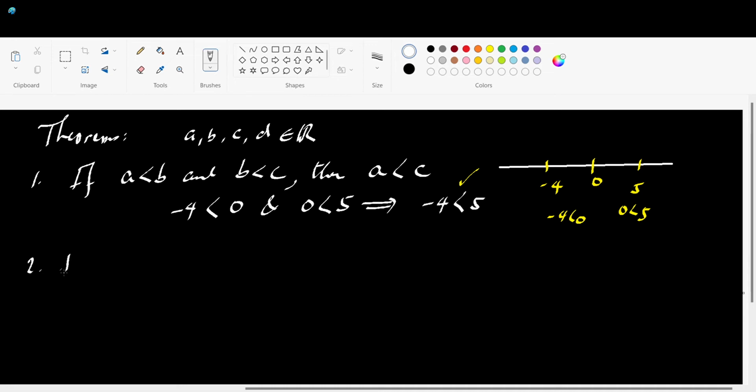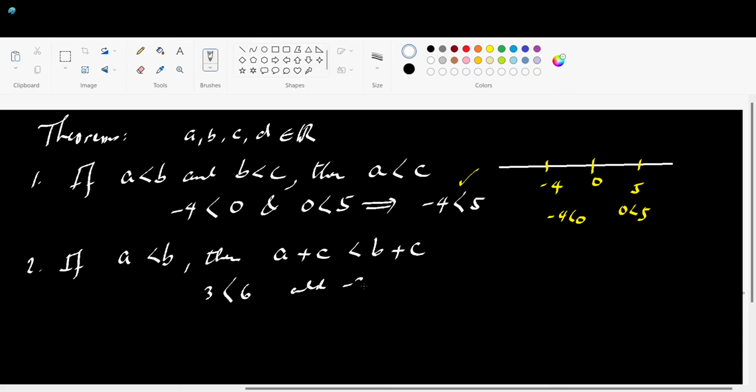Next, if A is less than B, then adding any constant C to both sides of the inequality will not change the sense of the inequality. So 3 is less than 6. Add negative 2 to both sides.